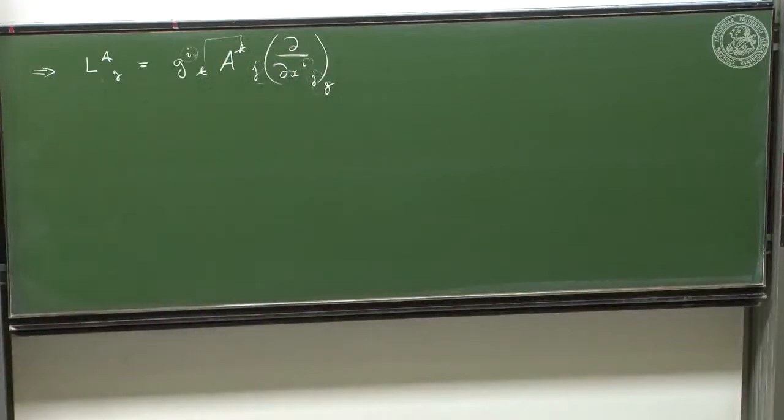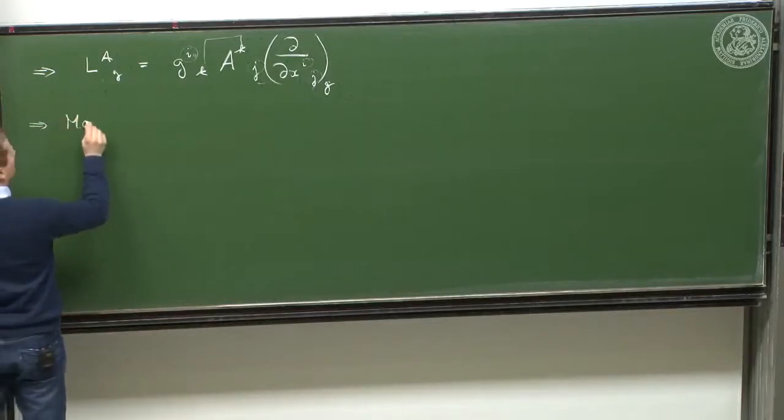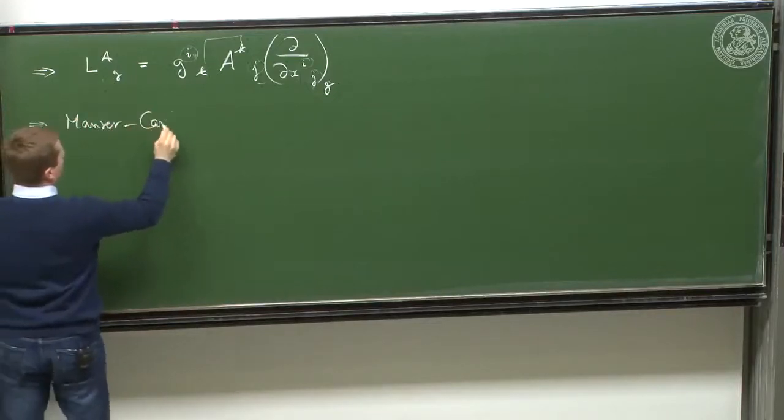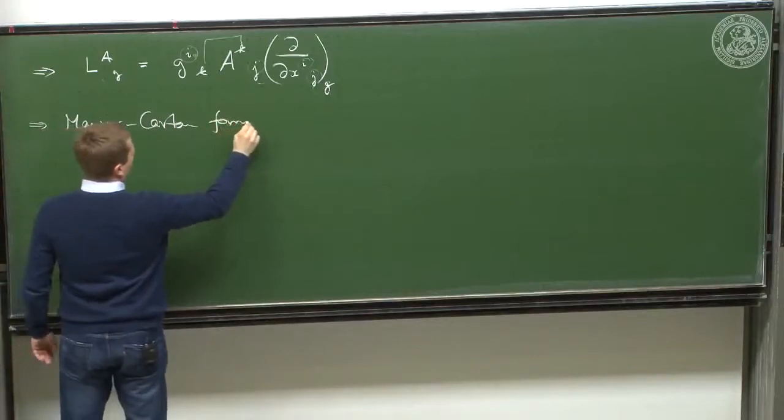So this is the left invariant vector field for the Lie group element A of the Lie algebra to GL at the point little g as an element of GL. That's the left invariant vector field. Now, the Maurer-Cartan form can now be read off. What was it again?